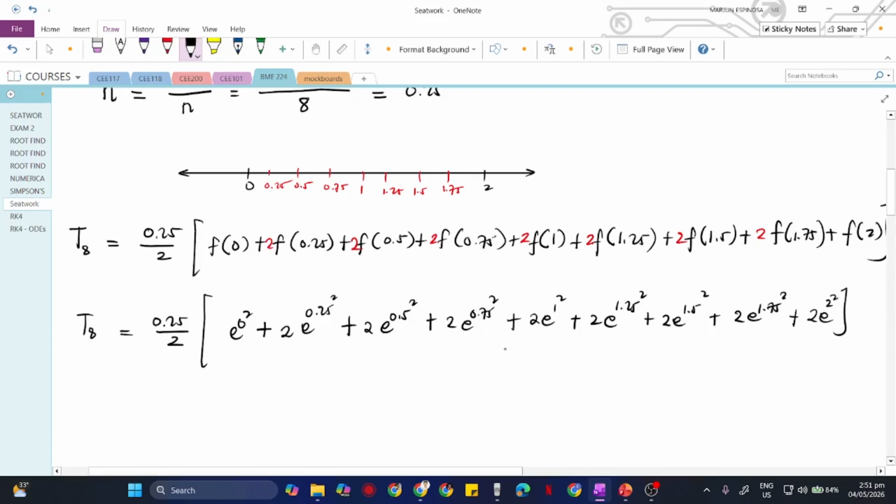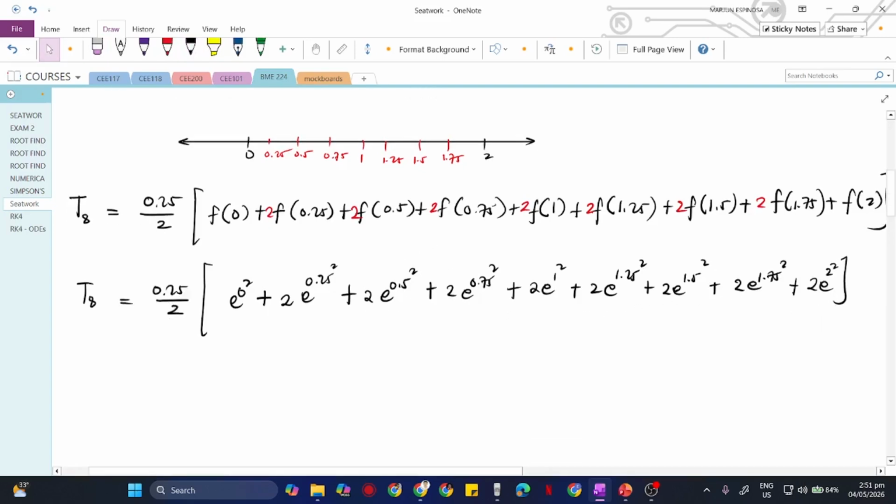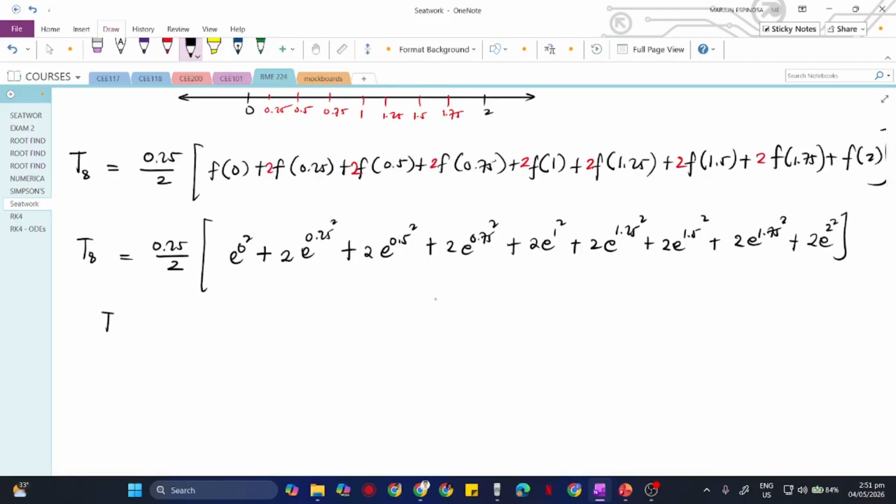Tama ba? 2, 4, 6, 8, 9. Okay, so proceed tayo. T sub 8. Itong 0.25 divide to, anong sagot niyan, class?